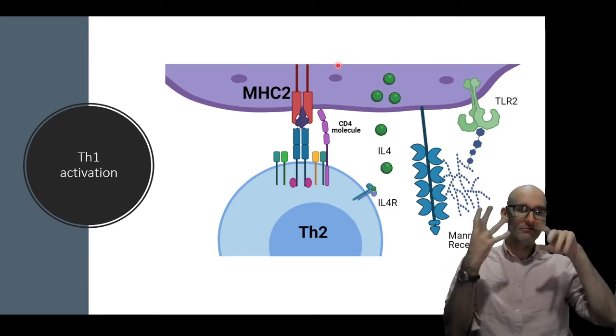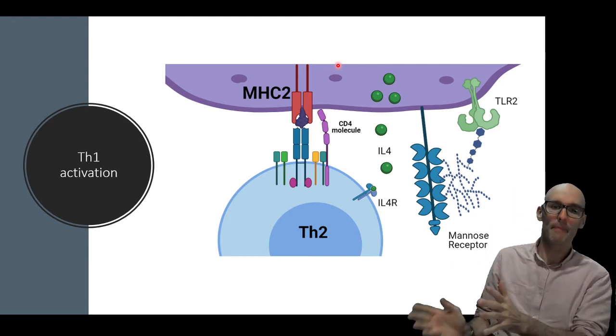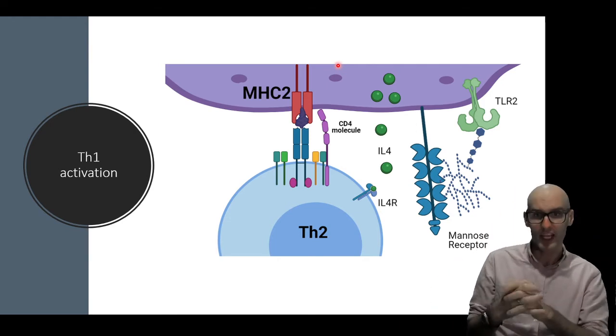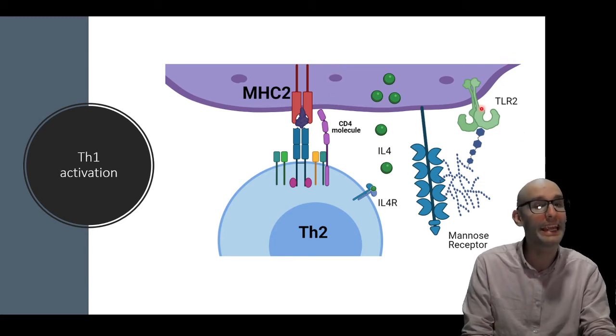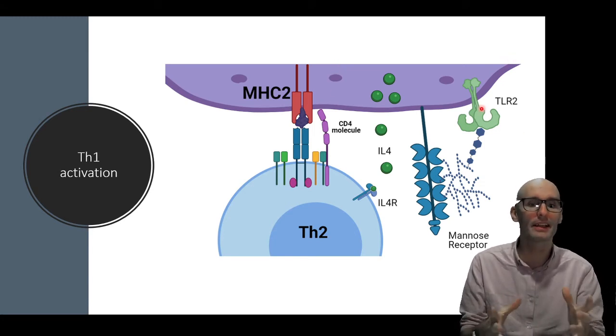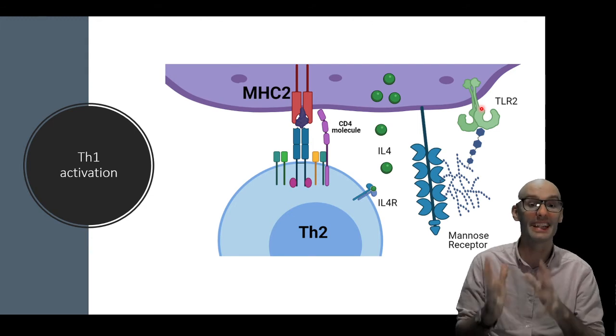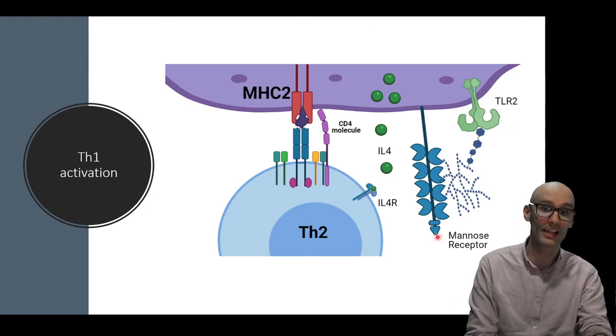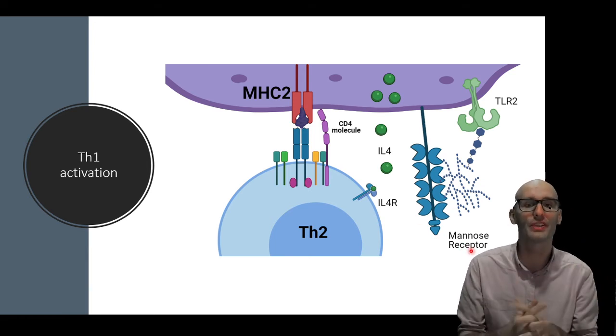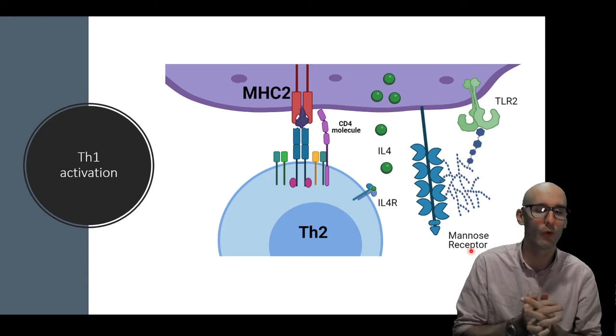In response to the mannose and the TLR2, we get IL-4 release. What's interesting is this could actually be TLR4, which we typically think of as inducing a Th1 response. But if you get TLR4 activation as well as mannose receptor binding, it does also seem to be able to induce this IL-4 production.